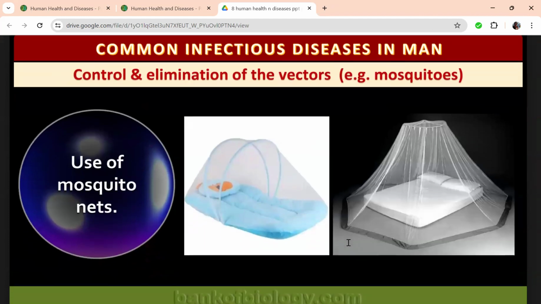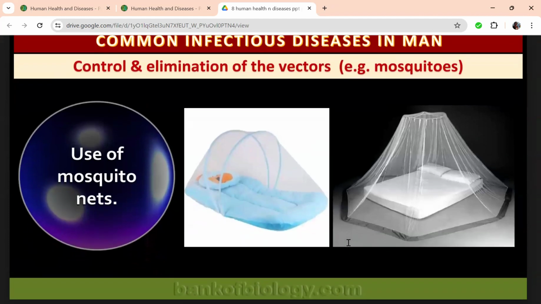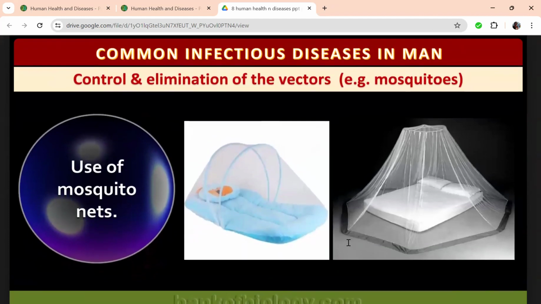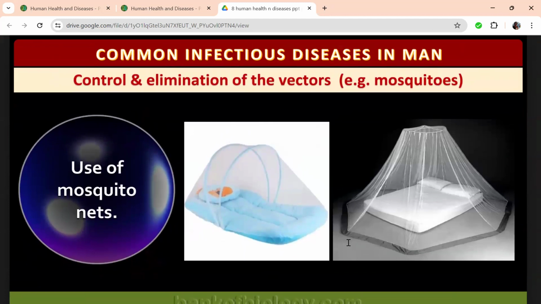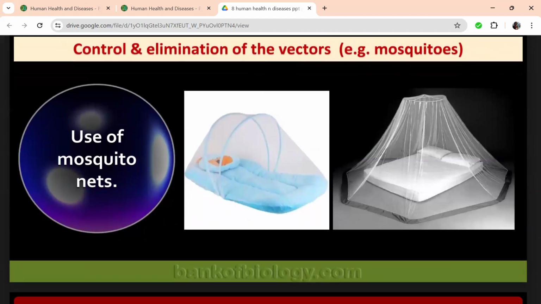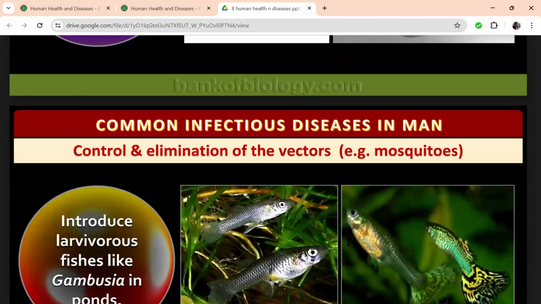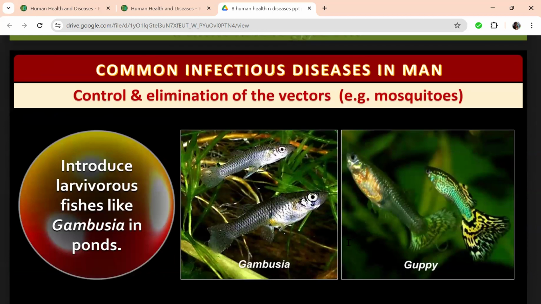You can also eliminate the vector by the use of mosquito nets. When you sleep, or the way babies sleep, we have a mosquito net cover, so that you sleep within a mosquito net, or use mosquito repellents so that the mosquito does not come and bite you. Or introduce larvivorous fishes like Gambusia in the ponds.